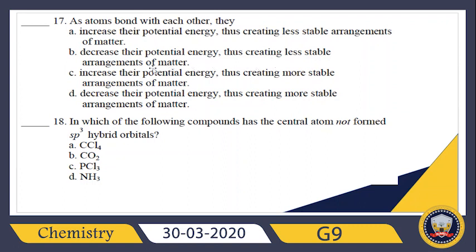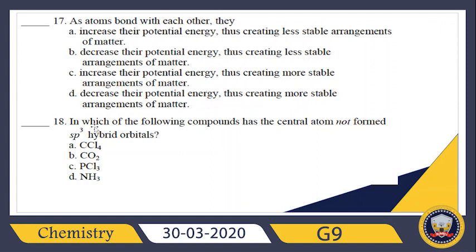Increase their potential energy, thus creating more stable arrangements of matter. That's also wrong. They don't increase their potential energy to create more stability. They decrease it. You see why the bonding happened, so that they become more stable. So they decrease their potential energy, thus creating more stable arrangements of matter. Okay, so the answer is D.